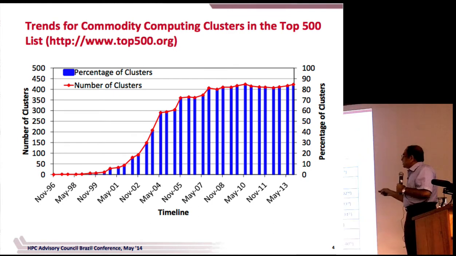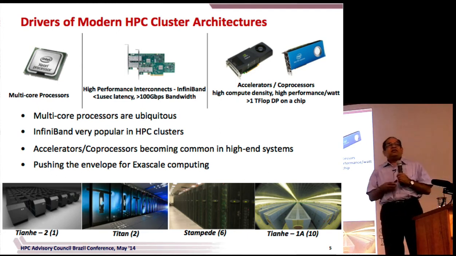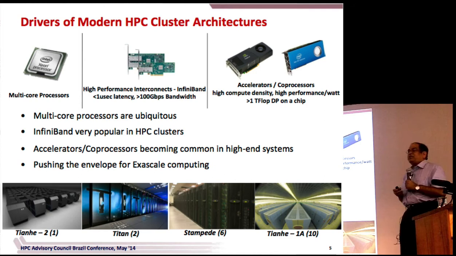And then of course the high performance interconnect. We will be talking a lot today about InfiniBand and the new RDMA, or remote DMA, mechanisms. These mechanisms are able to give us less than 1 microsecond latency and more than 100 gigabits per second bandwidth, and this is what you can get in a commodity manner.